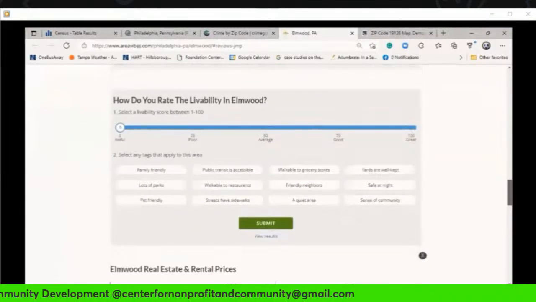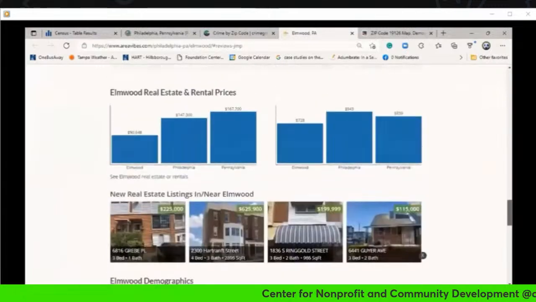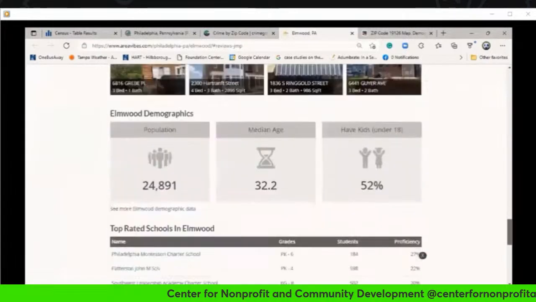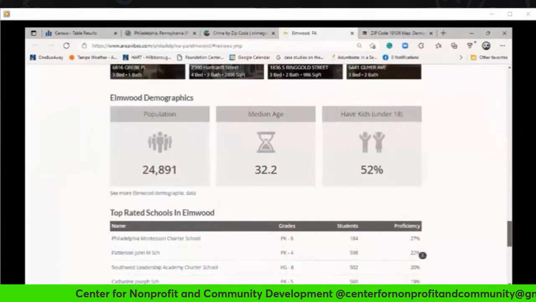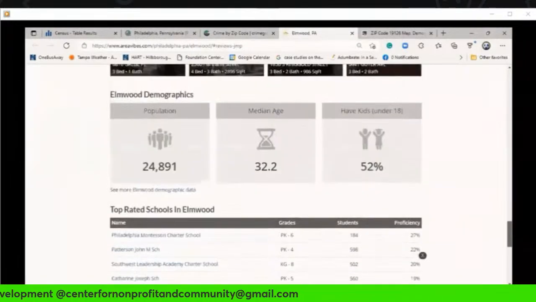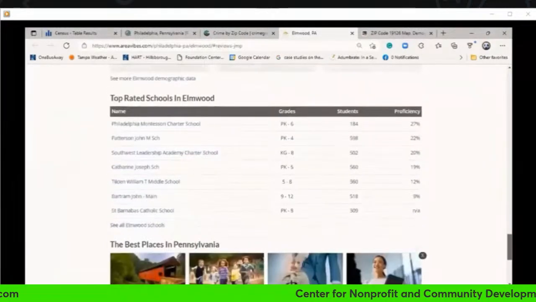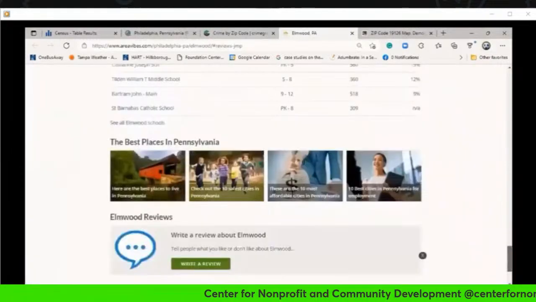Other information we can get from this particular site on this particular neighborhood is livability, real estate, and rent. We also can get information on the population, the median age, how many kids are under 18, what are the schools like?